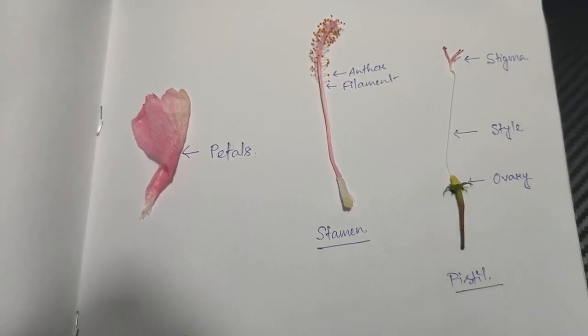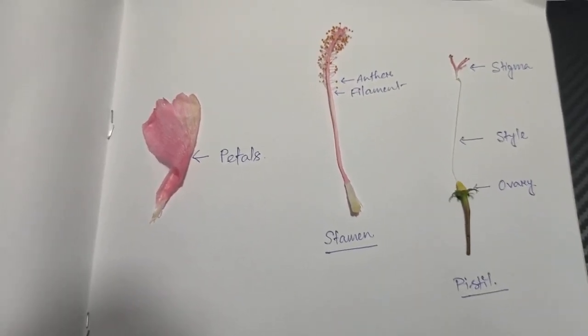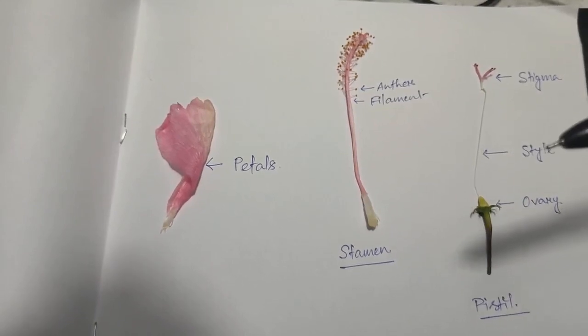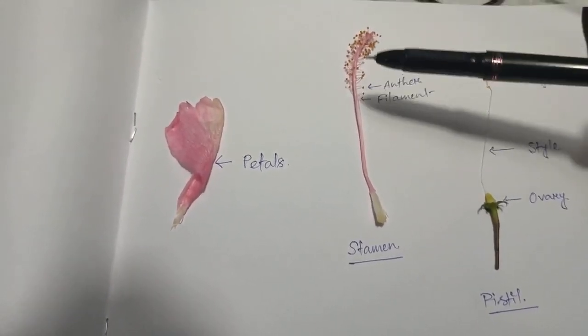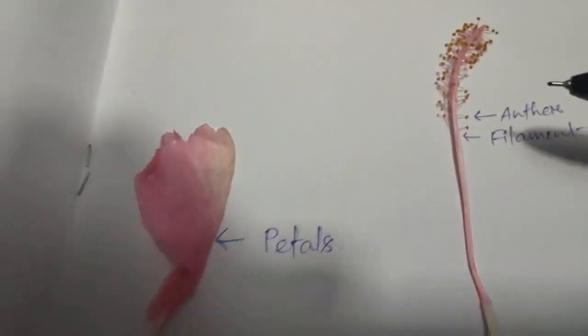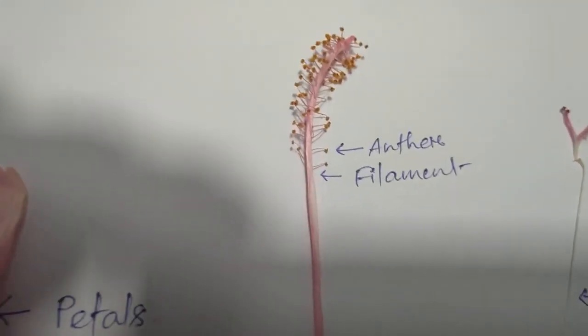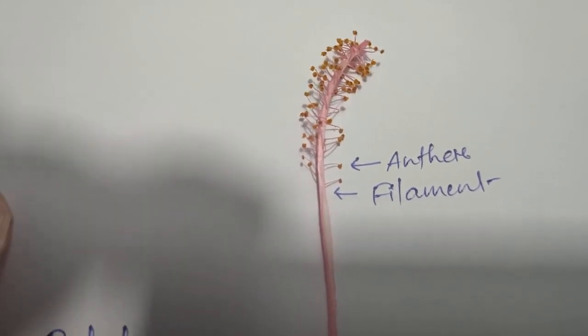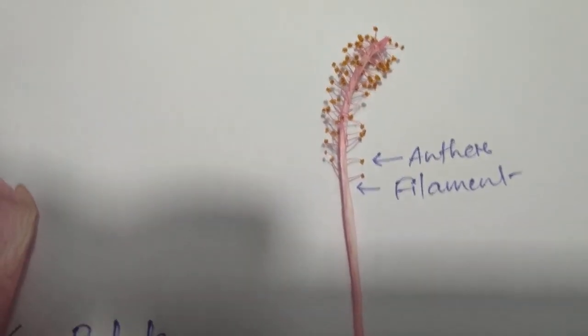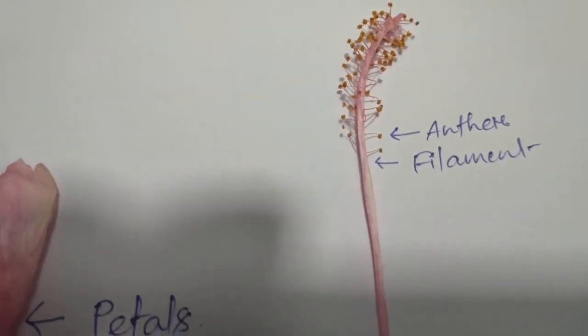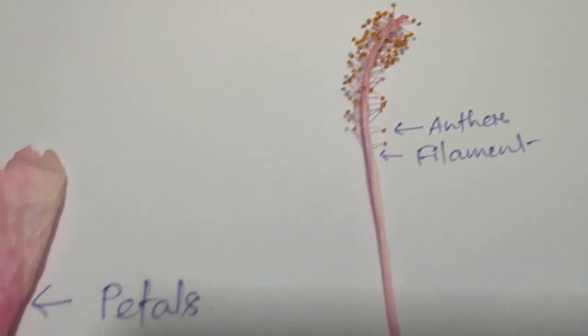Stamen is the male reproductive part, and pistil is the female reproductive part. Stamen contains mainly two parts: anther and filament. What is anther? If you see closely here, you can see that something yellow is there. You have probably seen these things. This yellow one is known as anther. Some small yellow powder-like substance is there, and it is known as pollen grain.